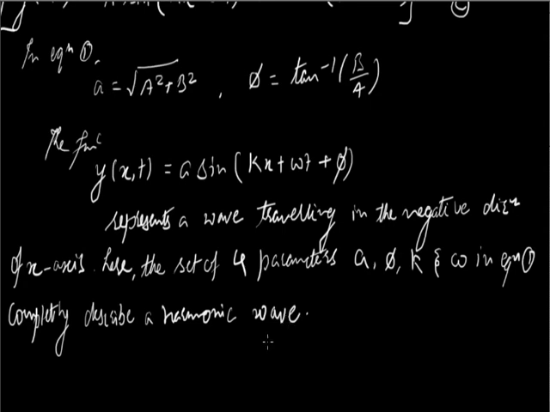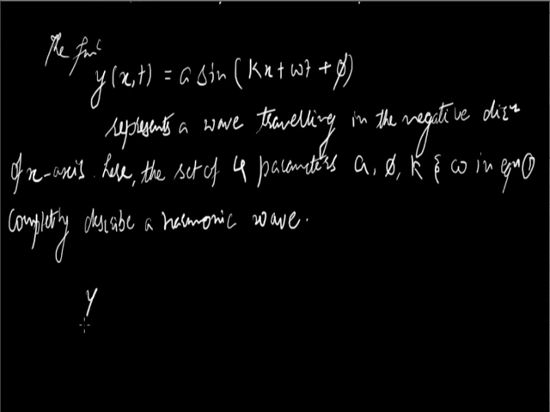Okay, so a function can be described as y(x,t). This will be a displacement. A will be the amplitude. Sine is our function.